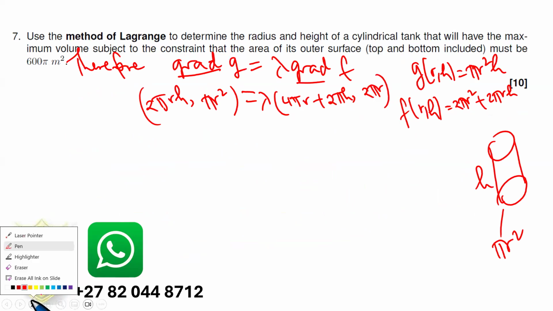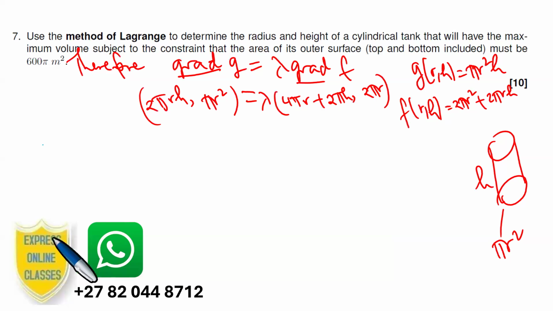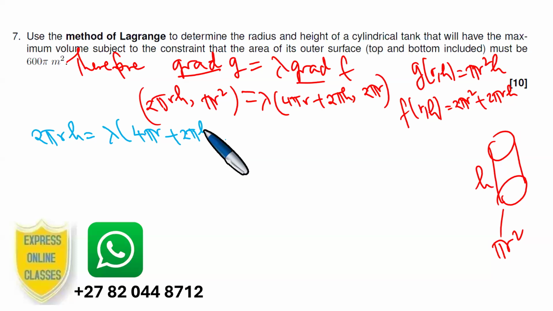Okay, now let us look at the next thing. 2 pi r h is lambda, and this lambda is going to be multiplying the first component, so it's 4 pi r plus 2 pi h.